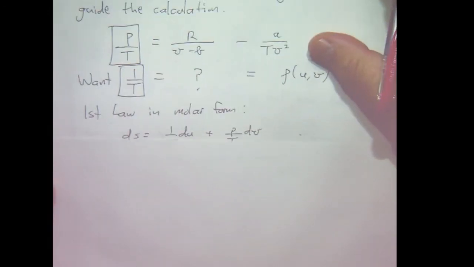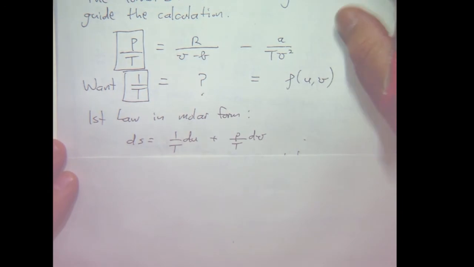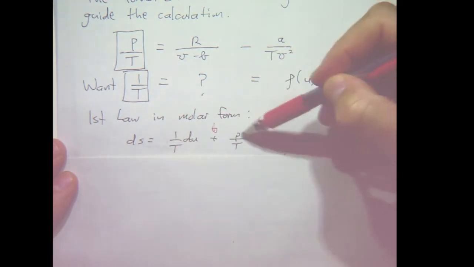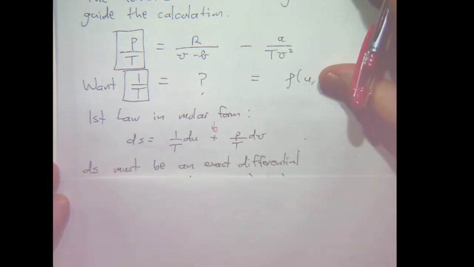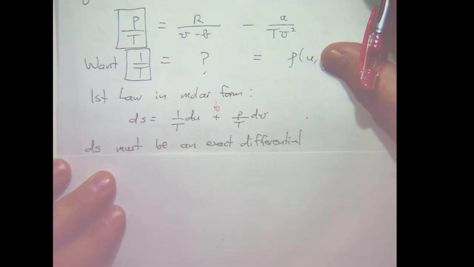So, the first law in molar form is ds is 1 on T dU plus P on T dV, because it's entropy representation. And ds must be an exact differential.